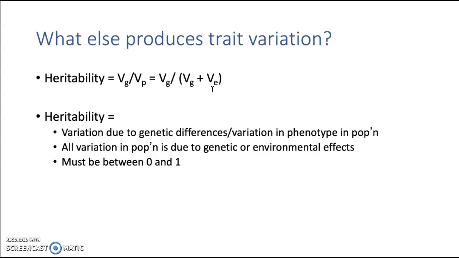If it is greater than 0, then any trait variation in that population is due to a combination of genetic differences and environmental differences. If heritability is 1, that means all the variation in that trait in the population is due to genetic differences between individuals.